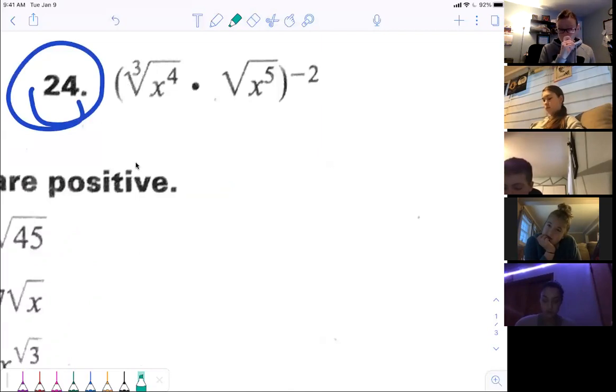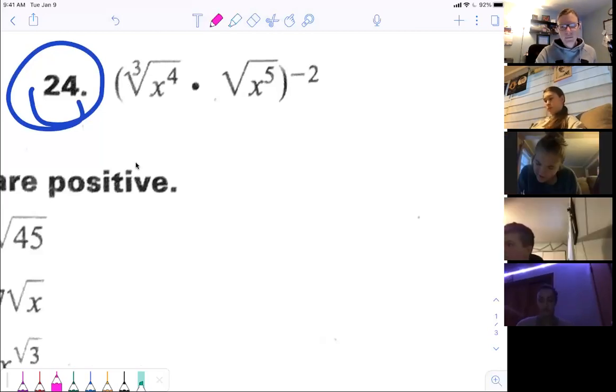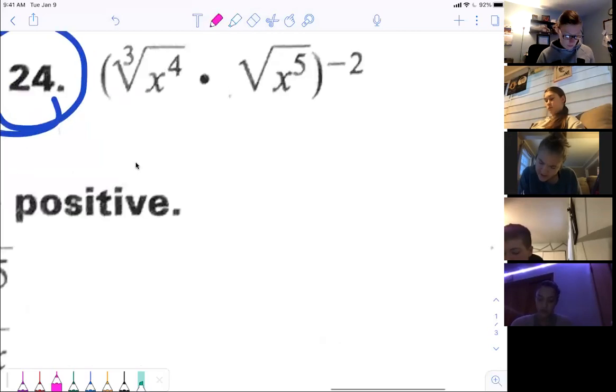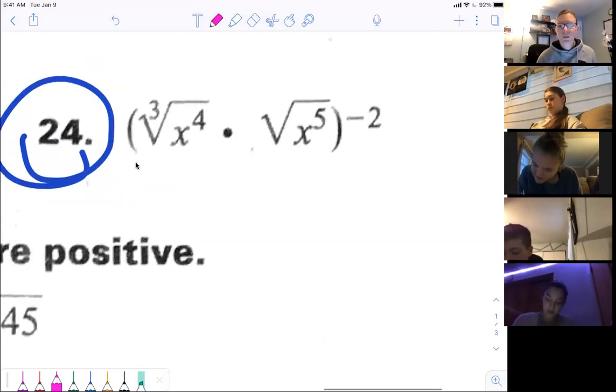Jaden, what did you do first when you saw this problem? I took -2 and I put it into the, looks like I put it into the cube root. And I can't tell if I distributed it into every single exponent or not.